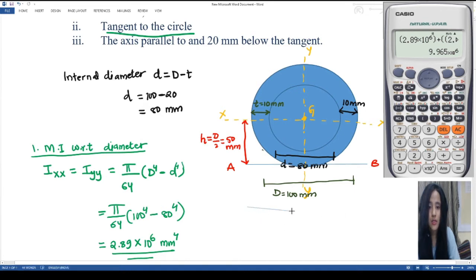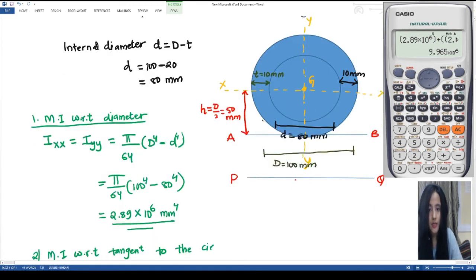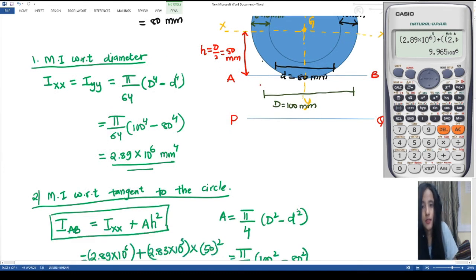So that means another line parallel to AB, and we can name this line as PQ, right? And it is 20 mm below this tangent AB.